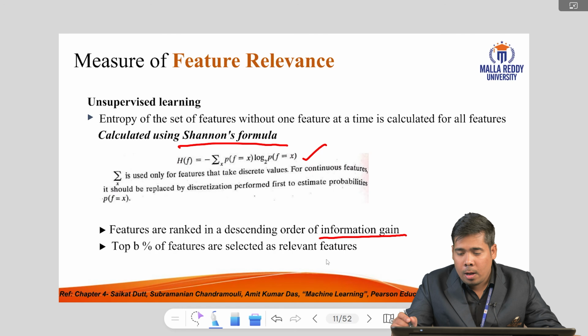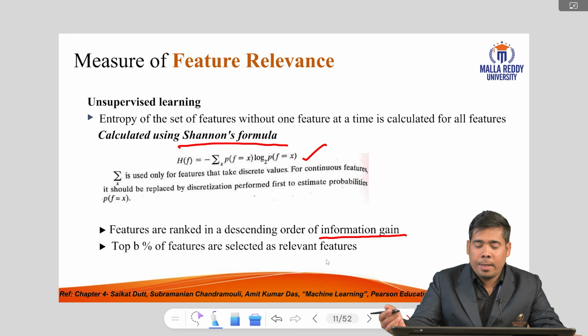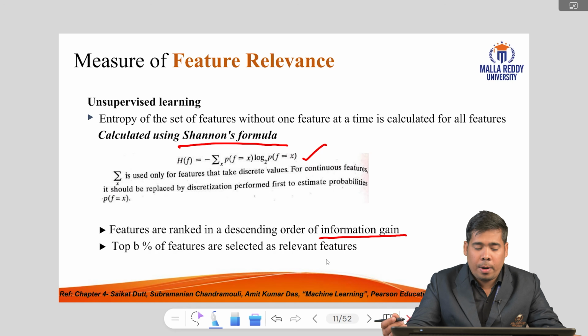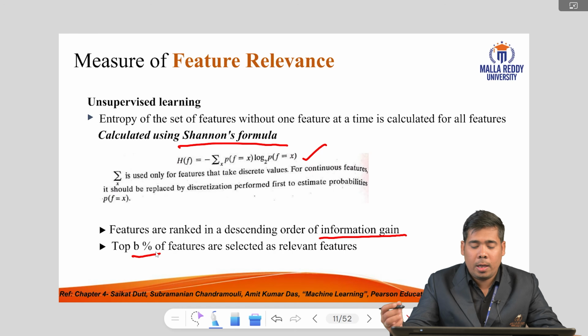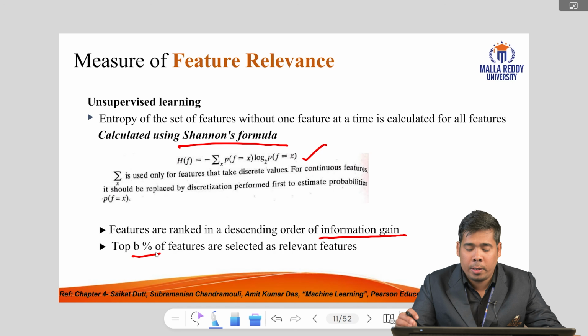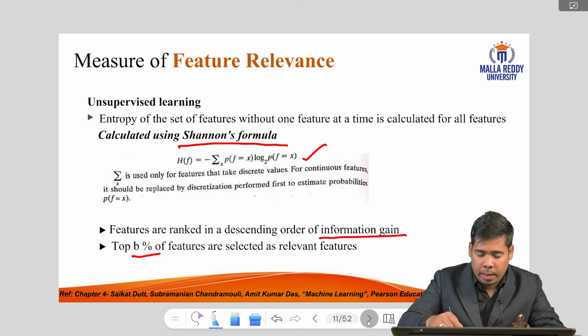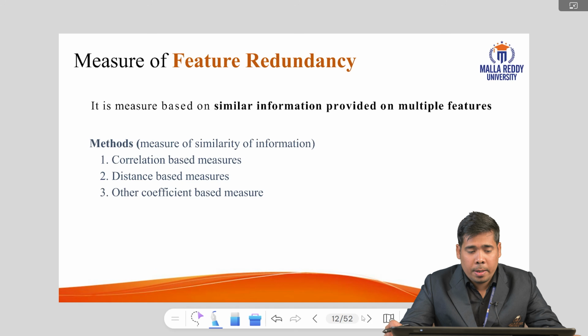For example, if I want only the top 10% of features for training my model, then we specify 10% here and select only the top 10% relevant features for training the model.